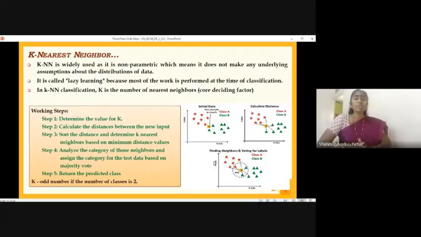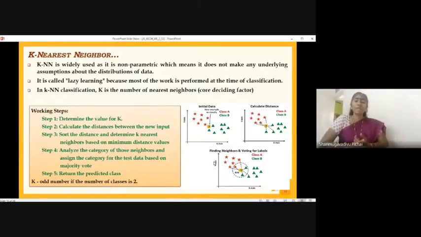It is also called a lazy learner algorithm. The process is lazy learning because most of the work is performed at the time of classification. The algorithm applies the principle of k nearest neighbor at the time of classification, so it doesn't have to have prior learning or training, and hence we say that this is a lazy learner.